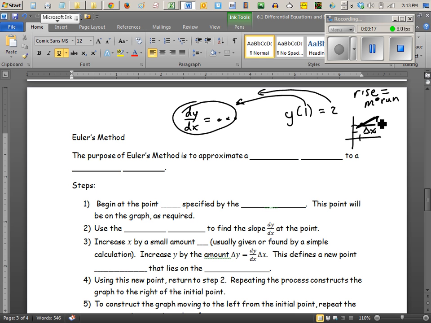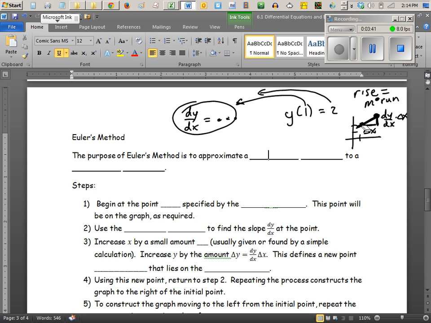It'll just be the slope times delta x. In other words, dy dx times delta x. And that rise would be called dy, or delta y, I should say. Okay, and then he says, at that point you'll know another point that's at least close to the curve. Okay, so that was his idea.